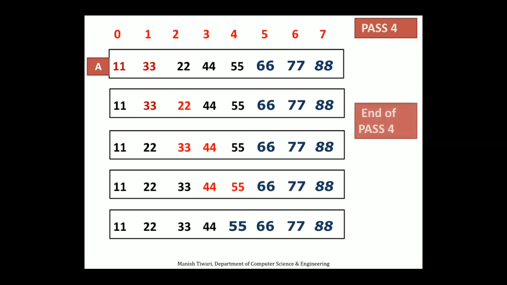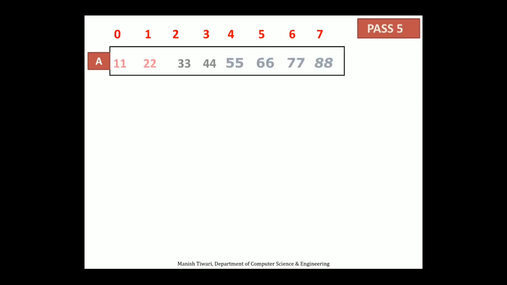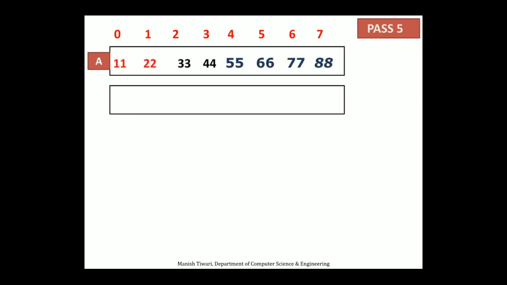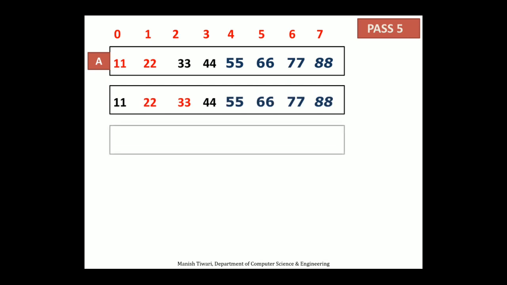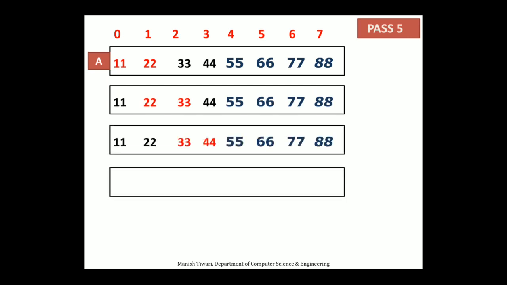Now what will happen in the next pass? In the next pass we will have only 4 elements left. So after the fourth pass we have 4 elements sorted. Now again we will do the same process. A0 will be compared with A1, then A1 will be compared with A2, then A2 will be compared with A3, and this will be the last comparison.